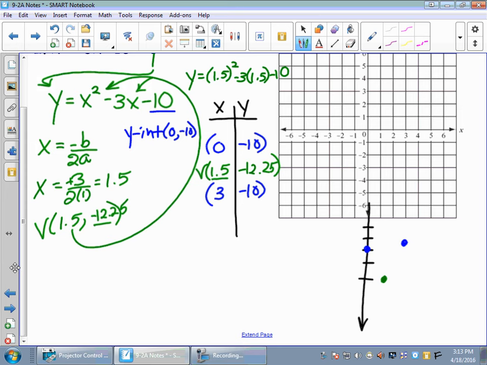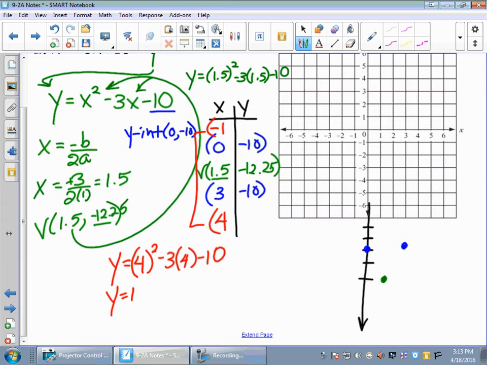I need one more point. I don't always have to go outward from these points, but I'm going to go out even further. So I'm going to go to -1, 1 unit to the left of 0, and I'll go 1 unit to the right of 3. So these 2 points, -1 and 4, are going to match up. So I'm going to plug in 4 into my equation. Y is equal to 4 squared minus 3 times 4 minus 10. Y is equal to 16 minus 12 minus 10.